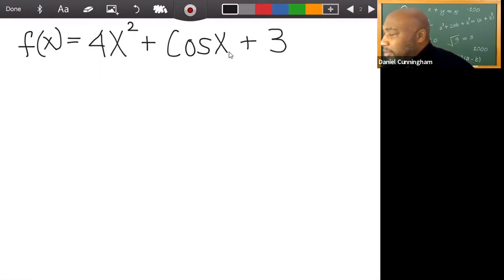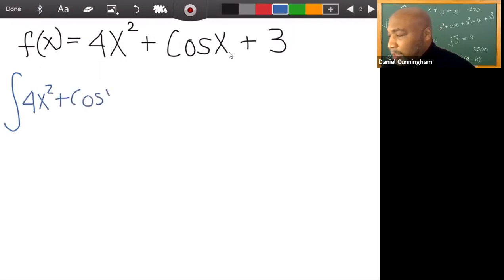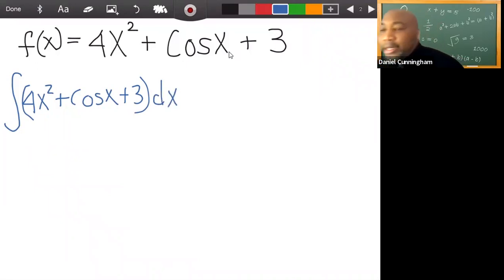So let's do this in blue. We're going to integrate 4x squared plus cosine of x plus 3. Put that in parentheses because that's one function with respect to x.